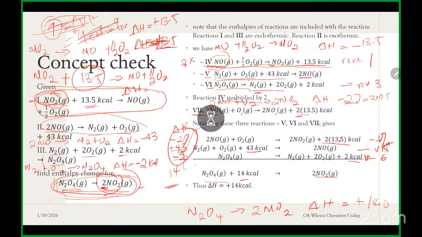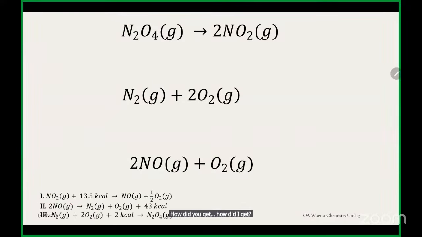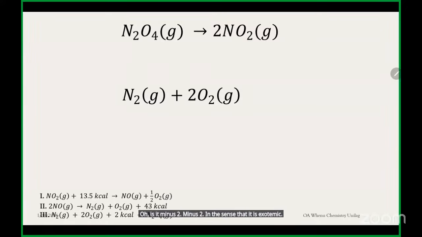How did I get minus 2? Minus 2 in the sense that it is exothermic, is on the product side. So we are looking for the enthalpy of this reaction.